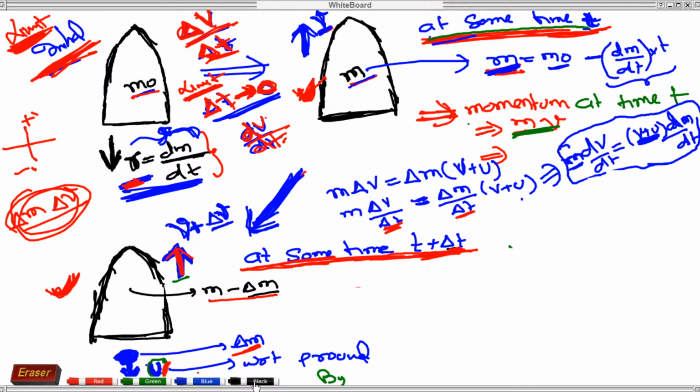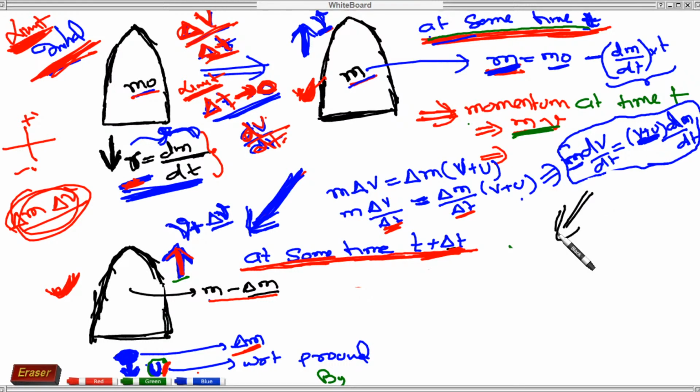So the thing is, I told you, there is one concept of what equation came out from here.